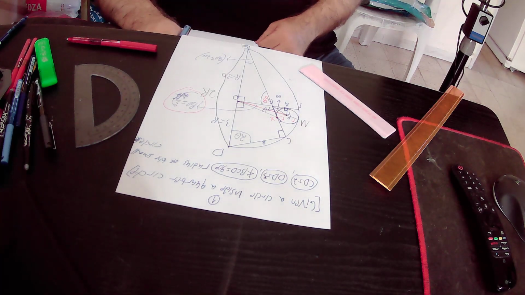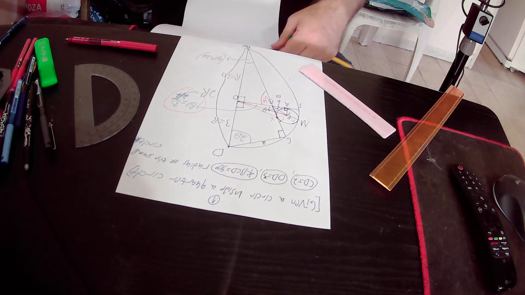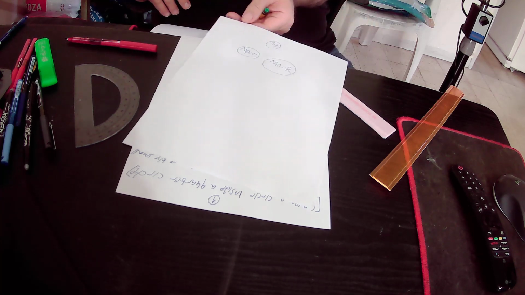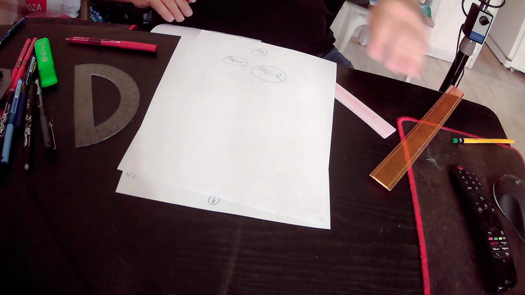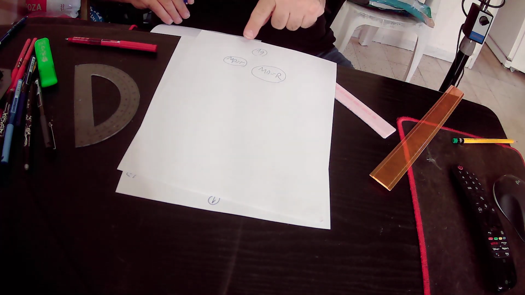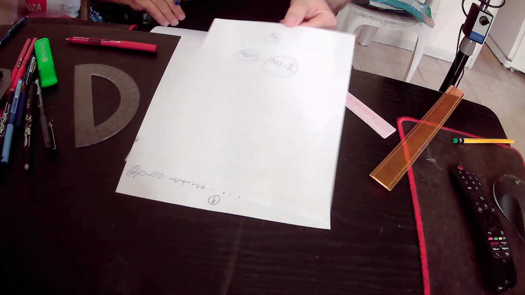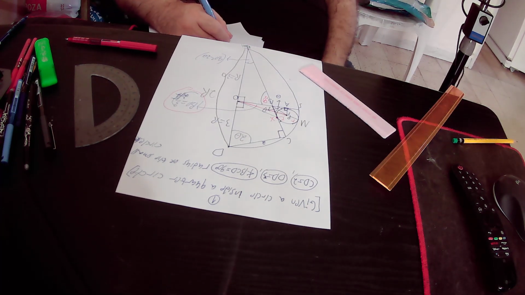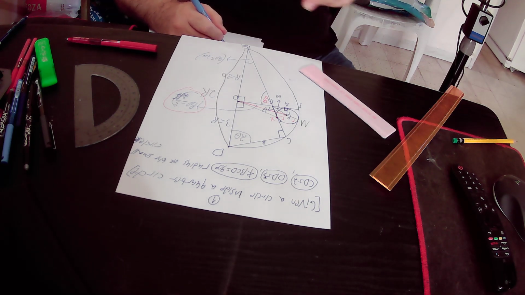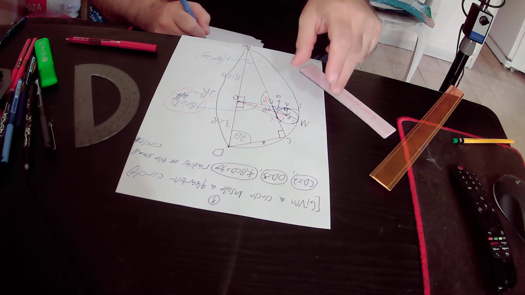So we found out that MP is the radius of the small circle, and MO is the radius of the semicircle. So what is the size of OP? From the drawing we can see that OP equals OM minus MP.